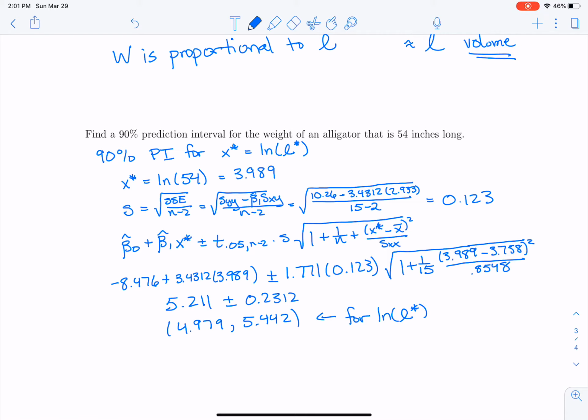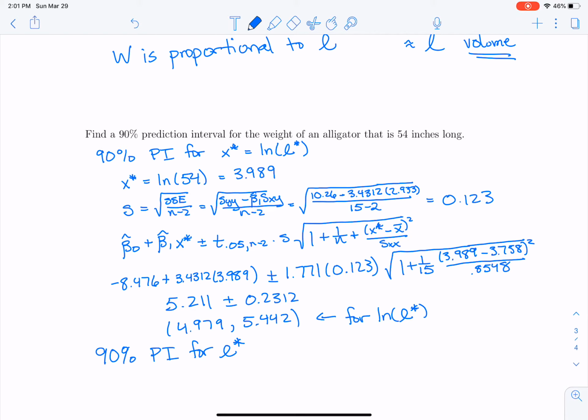Okay, what about the 90% prediction interval? Instead of x star, we want to do the 90% prediction interval for L star. Okay, what is that going to be?